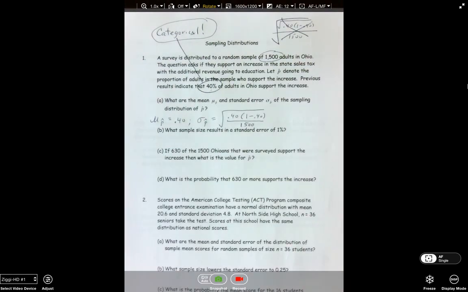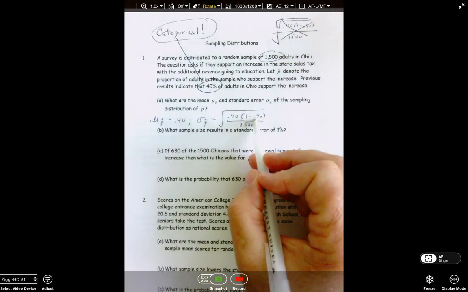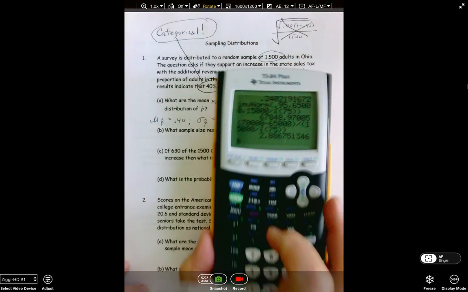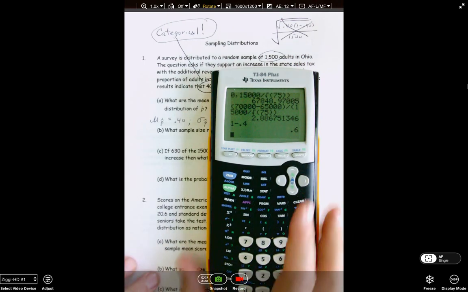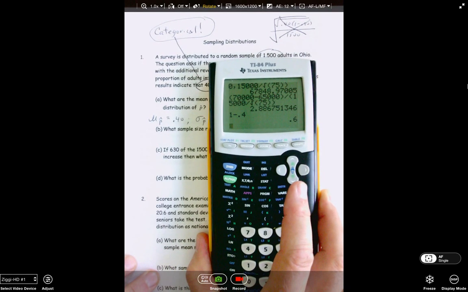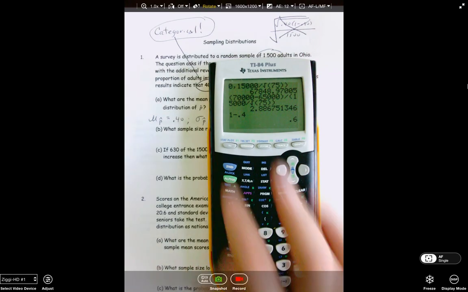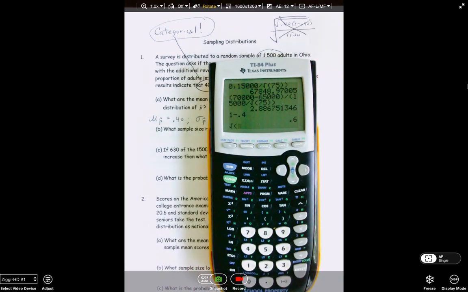So, guys, we know that 1 minus 0.4 is 0.6. Sometimes it's not as clear, so what I like to do is just go ahead and do that. I know that the 1 minus is usually the hardest part. So I need 0.4 times 1 minus 0.4 divided by my sample size of 1,500.